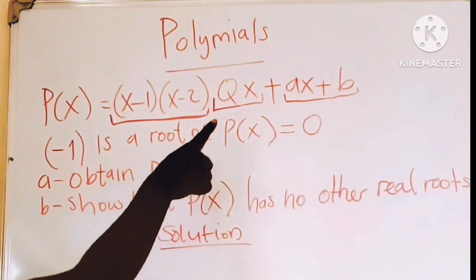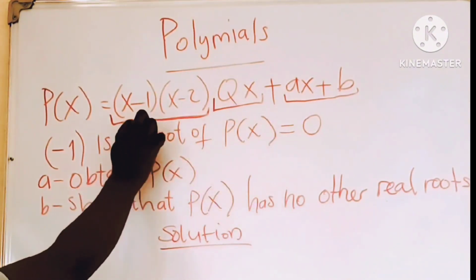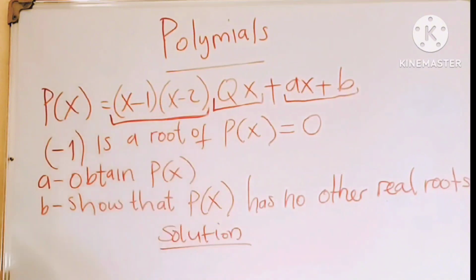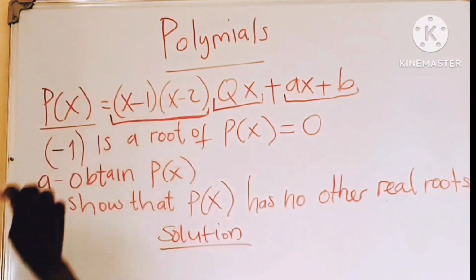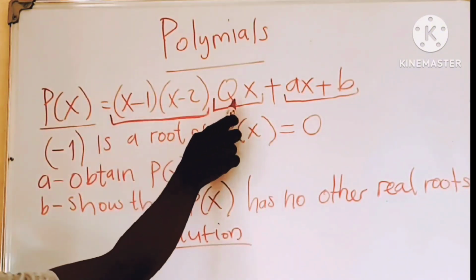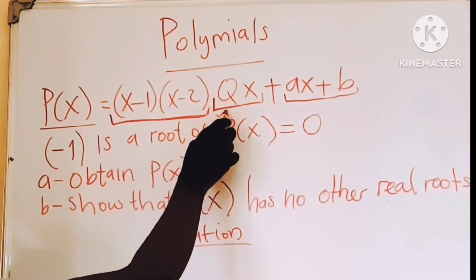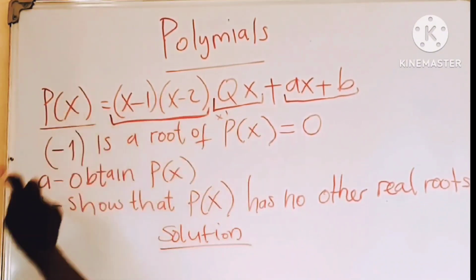And if we have a polynomial of degree 3 and a divisor of degree 2, then the quotient should be a linear polynomial, so of degree 1. If the divisor is quadratic, that's of degree 2, then this must be of degree 1, so that we should have a cubic polynomial.